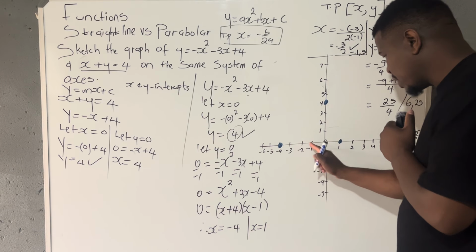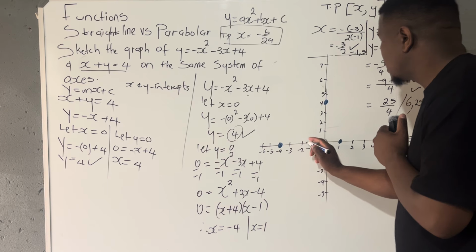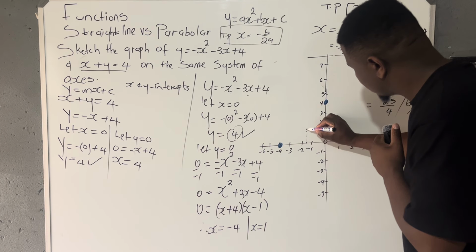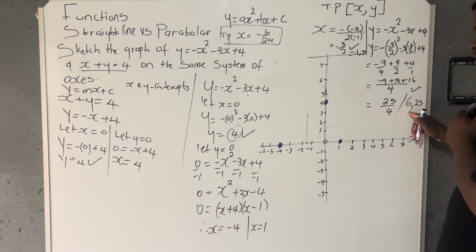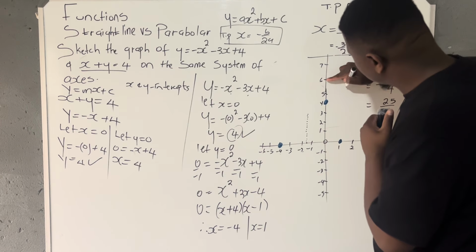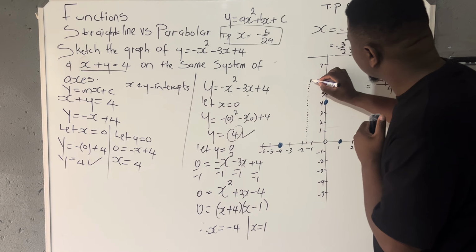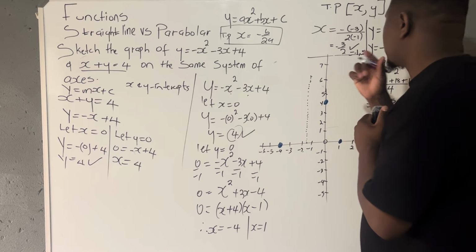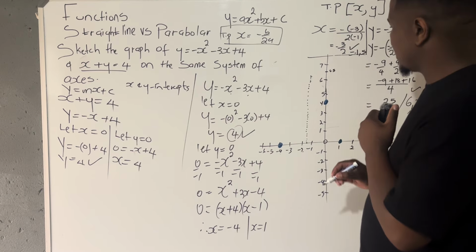It will be just between negative 1 and negative 2, but it must go up until it reaches 6.25. Automatically, this is 6, so it will be a little bit above 6. Not in between, because here is half. This is like 6.5, so it has to be below that.